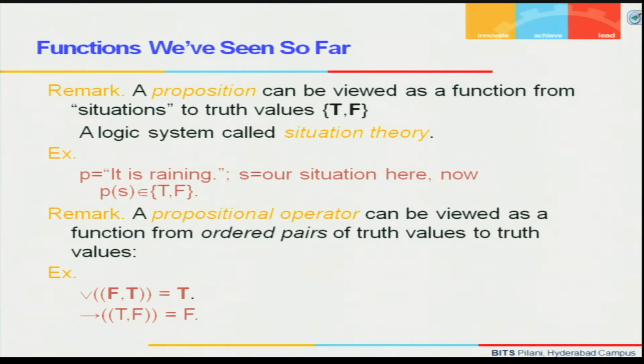If you carefully see, the propositions that we have defined in our first class, in our second lecture, can be seen as a function from situations to truth values. If I define a proposition, as "it is raining" is a proposition, depending on the situation at a given point of time, at a given point of place, I can find out its truth value.